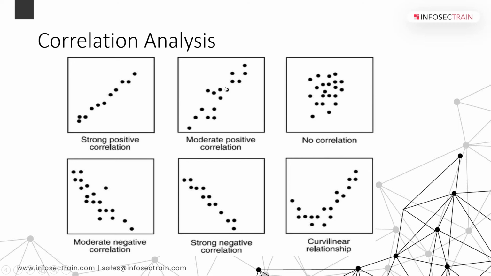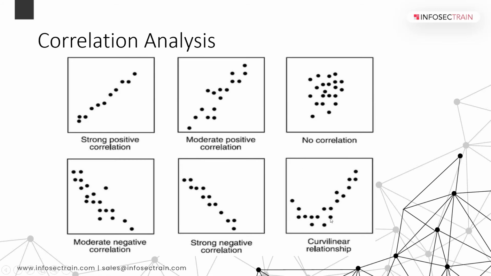Means you can say that if you see an upward trend, then positive correlation. If you see a downward trend, you simply say negative correlation. If your data points are very close to each other, then in that case you will say that there is a strong positive correlation.